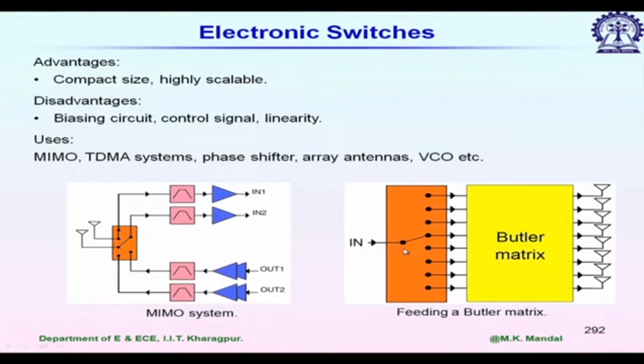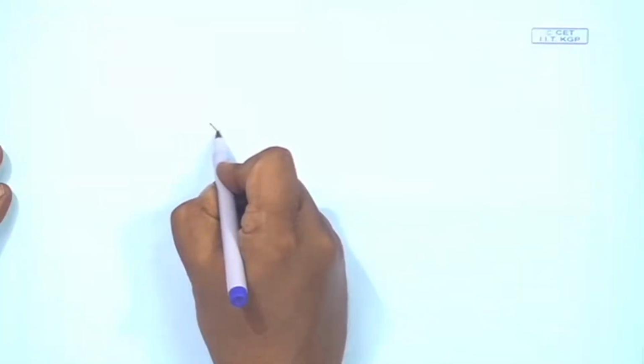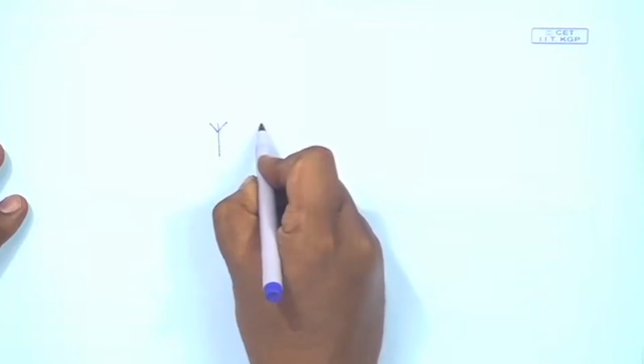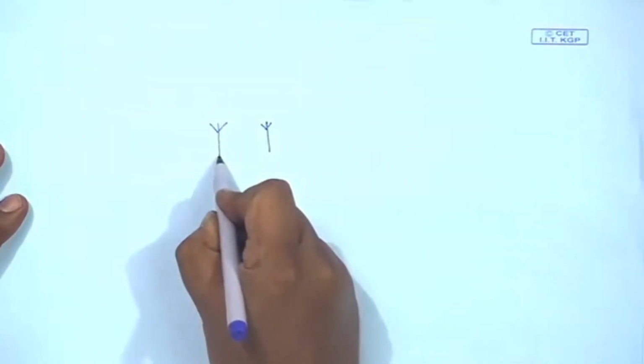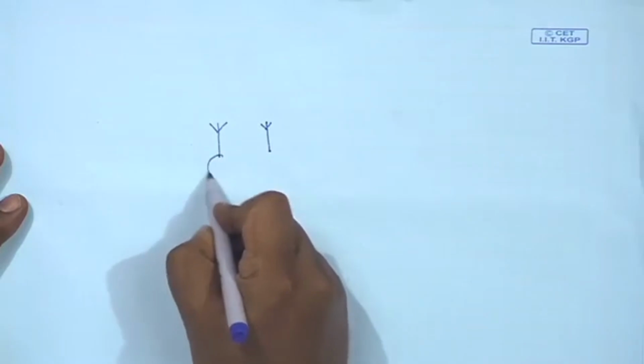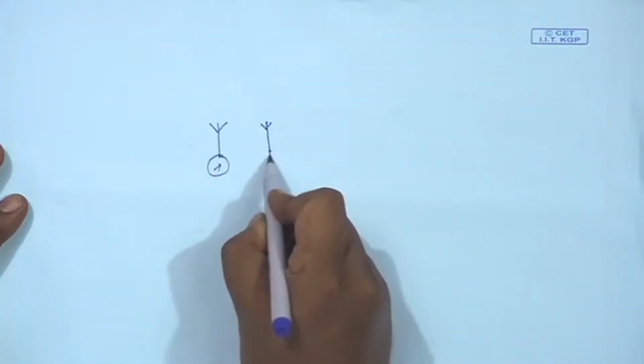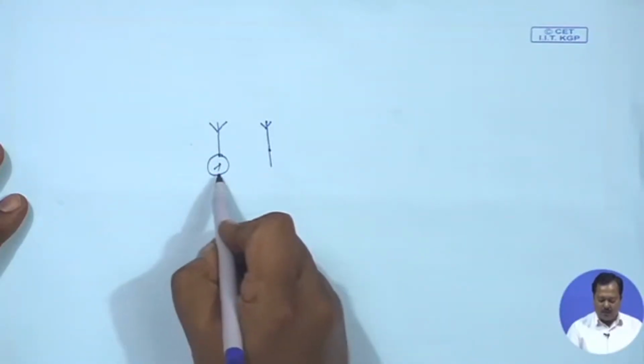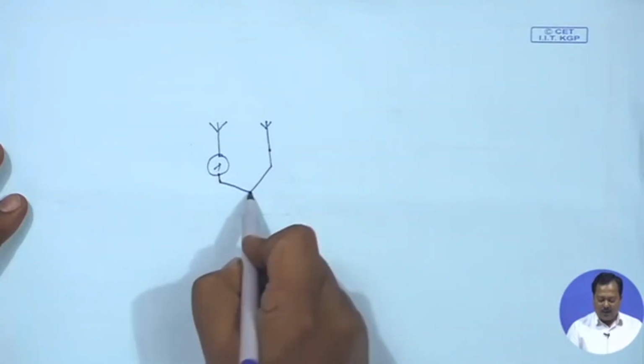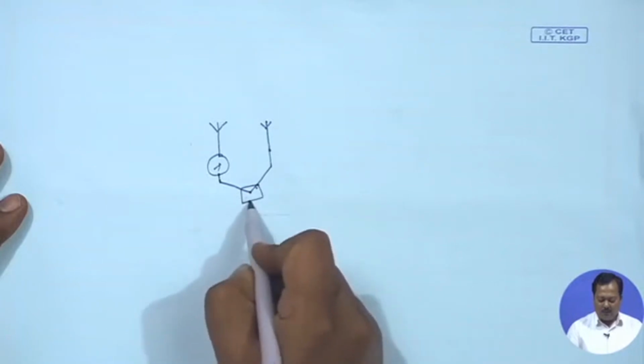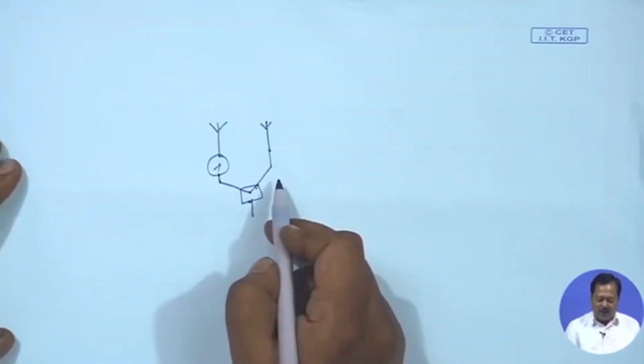Now, how does it operate? Let me just discuss a few basic points on phased arrays. Let us say we have a two-antenna system, and the first antenna is connected to a phase shifter, and the second antenna we are using as the reference antenna.